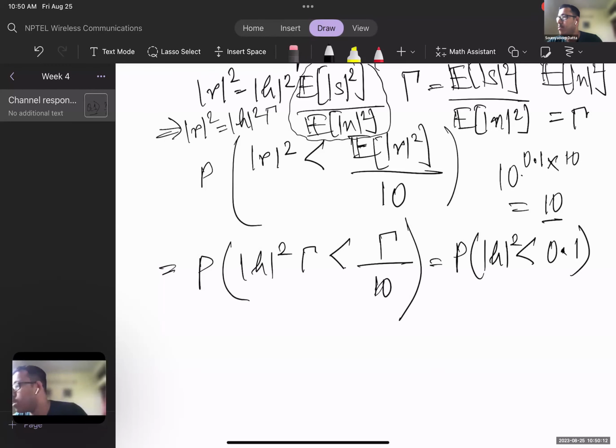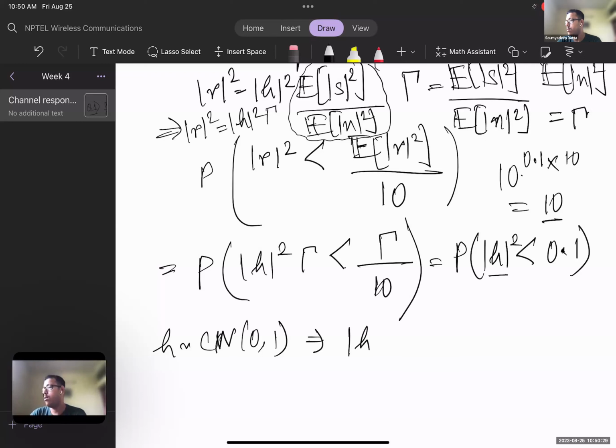So now it all depends on the distribution of this mod h square. And we know that h is complex normal, 0, 1. From basic probability and statistics, we can say that mod h square will then be an exponential random variable with mean 1.